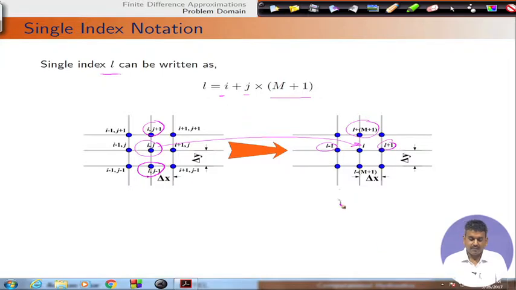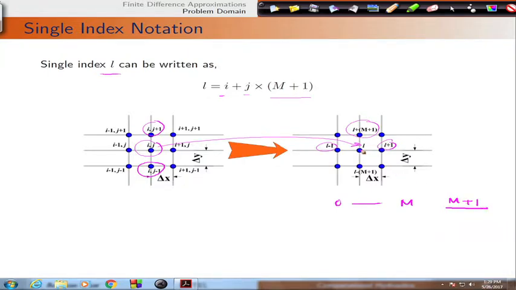We are starting from point 0 to m, that is why we have m plus 1 number of points. So, if we take the next level in the y direction, obviously there will be a difference of m plus 1 number of nodes.